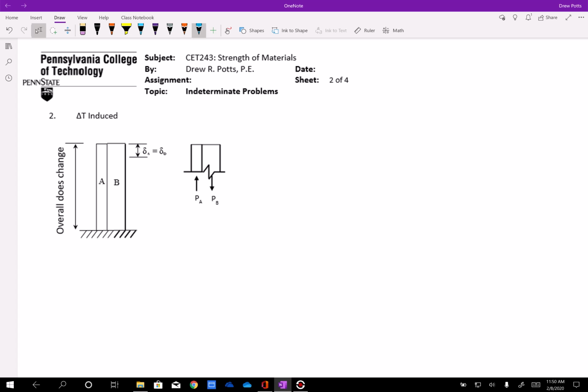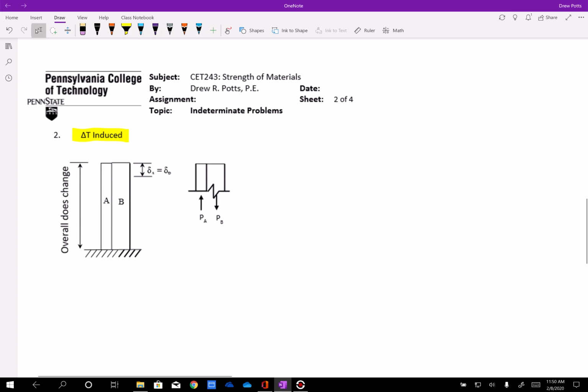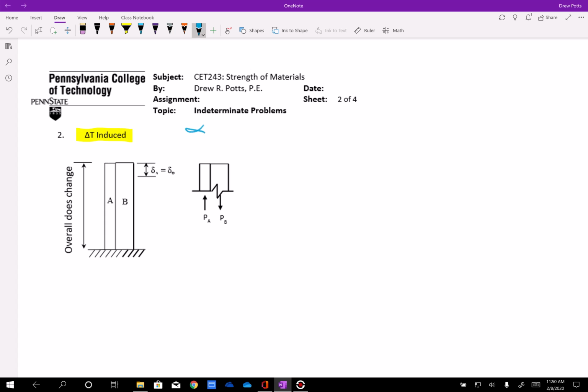Immediately, since we have temperature change, we're going to think of alpha T, the coefficient of thermal expansion, and we're going to say in this problem alpha A is greater than alpha B. Also notice that LA equals LB, and finally that delta A equals delta B. This is going to be our compatibility condition.